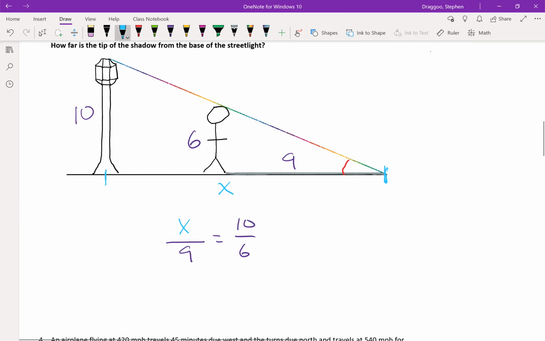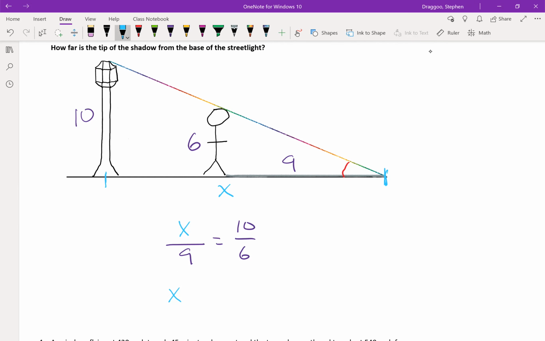Meaning then that x is 10 times 9 divided by 6, which should simplify to 5 times 3, which is 15. That should be in feet, since both of our other two distances were given in feet.